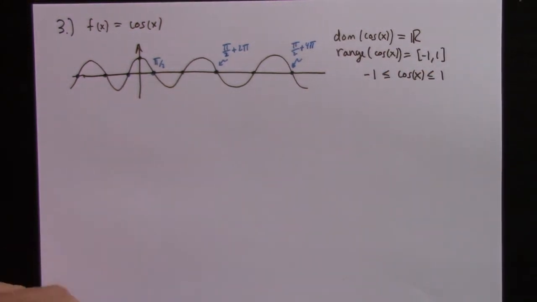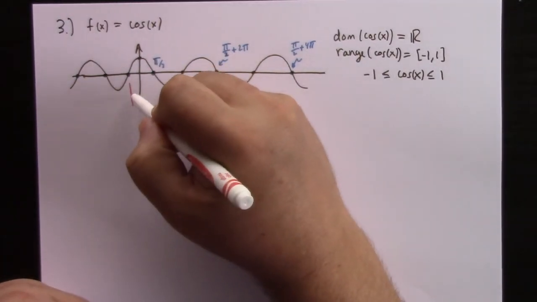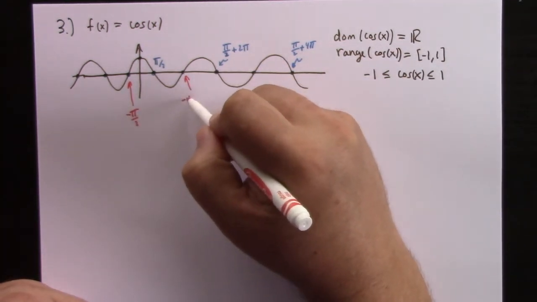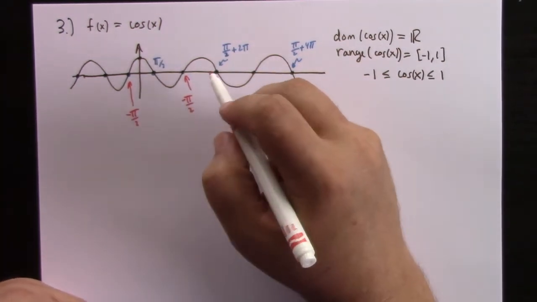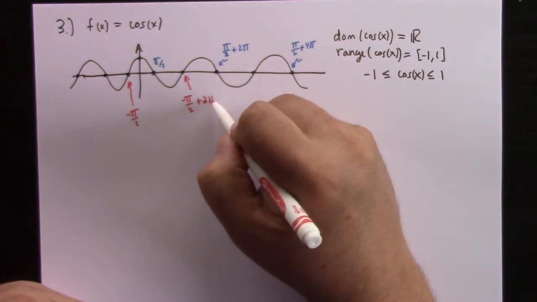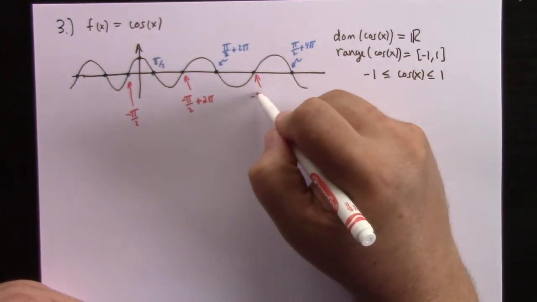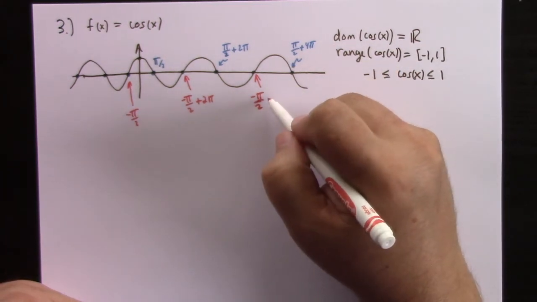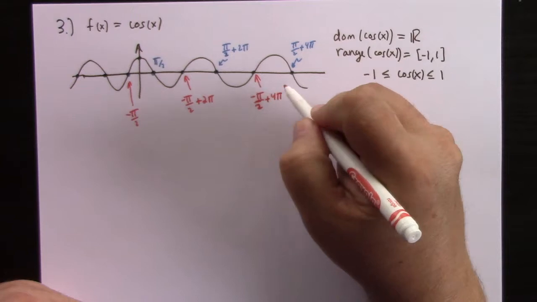On the other hand, we've got this other sequence of zeros: minus pi over 2, and then minus pi over 2 plus 2 pi, and minus pi over 2 plus 4 pi, and so forth.